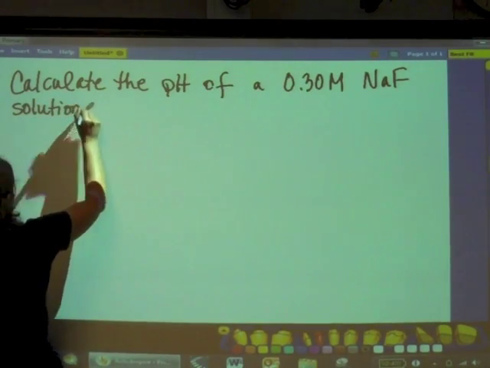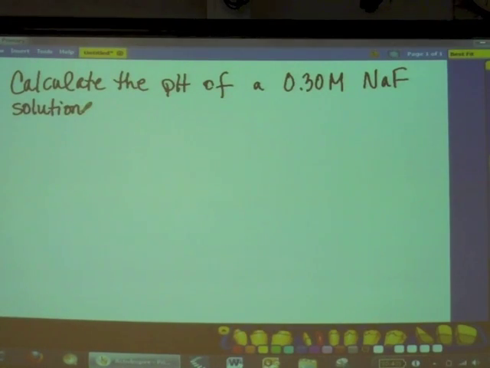Okay, so this is a salt solution. It's a sodium fluoride salt solution, and we want to calculate the pH of that solution.